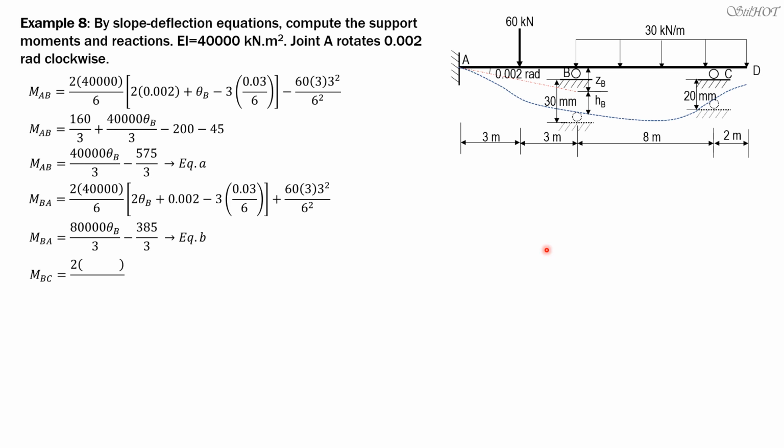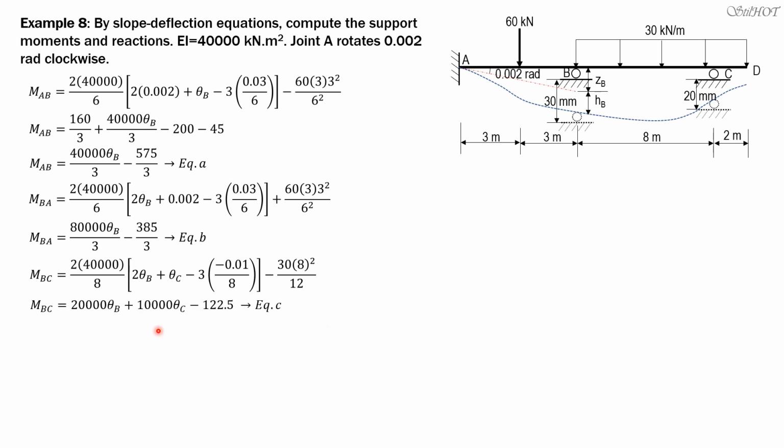So MBC equals 2 times 40,000 over 8, quantity 2 times theta B plus theta C, which are both unknowns, minus 3 times delta, as I told you, negative 0.01 over 8. Then fixed moment WL square over 12, so negative 38 square over 12. Simplifying, MBC equals 20,000 theta B plus 100 plus 10,000 theta C minus 122.5.